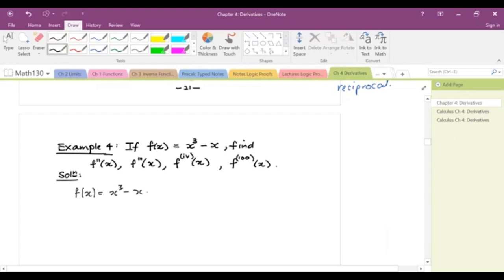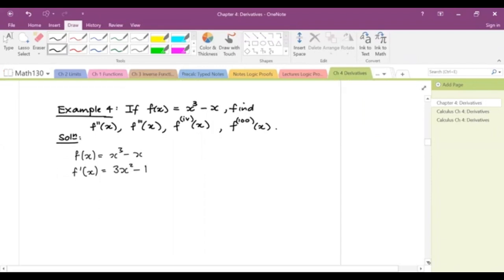We have found already in a previous example that f prime of x is 3x squared minus 1. Now we want the second derivative. f double prime of x is d by dx of f prime of x.